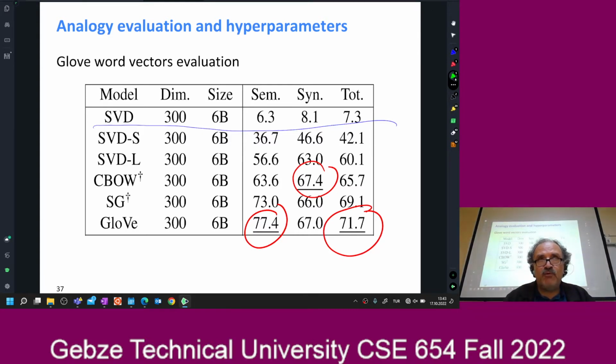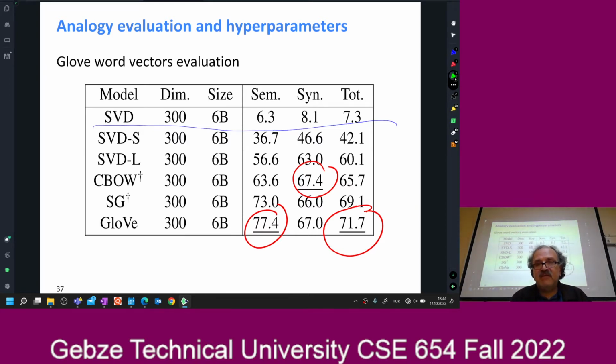In any area of science or engineering, once you say, I did this, it works well, you have to show your results experimentally, saying that I'm comparing my results with other people's results. Or if you say that I am the first one to propose such a system, there are no other people, then you need to show your results based on some kind of a baseline.